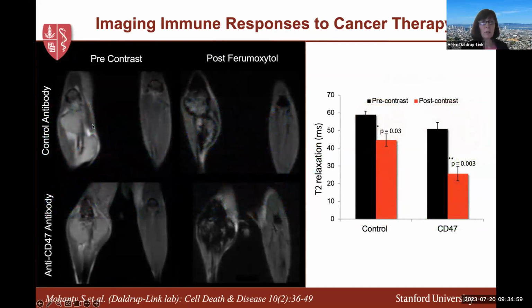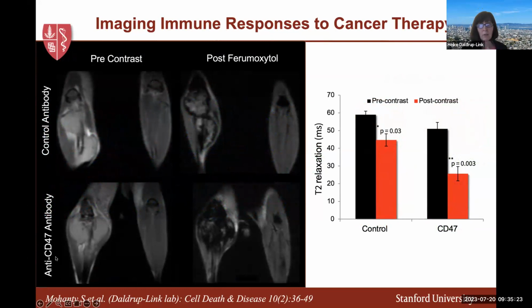This here is the tibia of a mouse with an implanted osteosarcoma. It's relatively hyperintense on this T2 weighted scan. And then after iron oxide injection, you see an inhomogeneous enhancement of the tumor tissue, just as we saw in the patient. There are some areas that enhance more and other areas that enhance less.